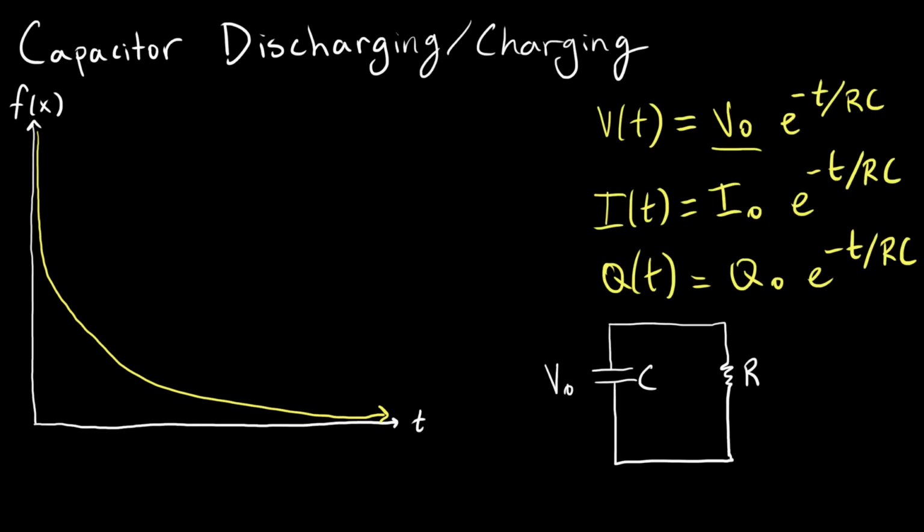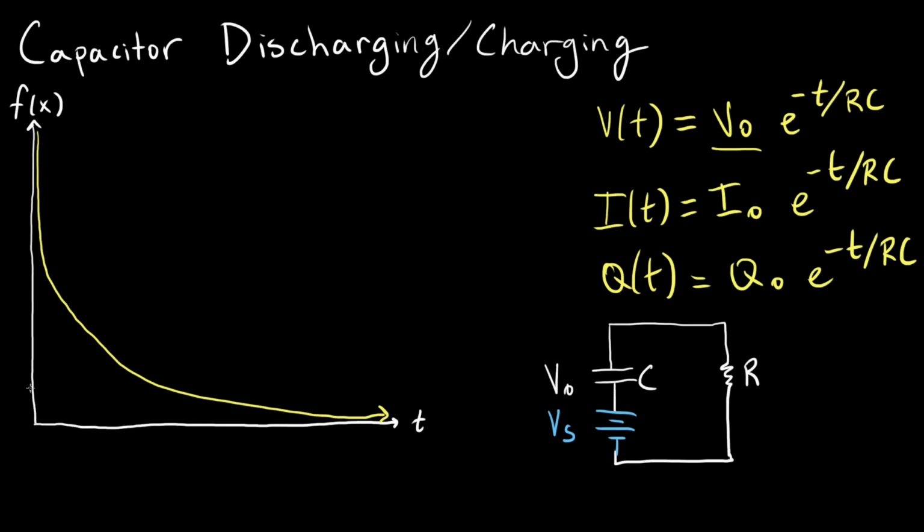For charging the capacitor, the circuit changes by adding a voltage source in series with the capacitor and resistor. Let's say that this voltage source has a voltage Vs and the capacitor has an initial voltage V0. And in this case, we'll assume that V0 is 0 volts.